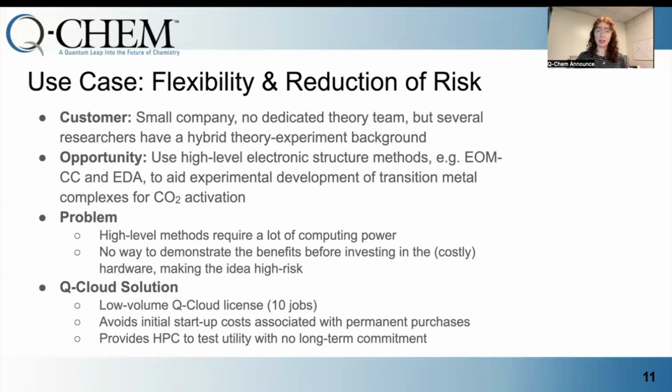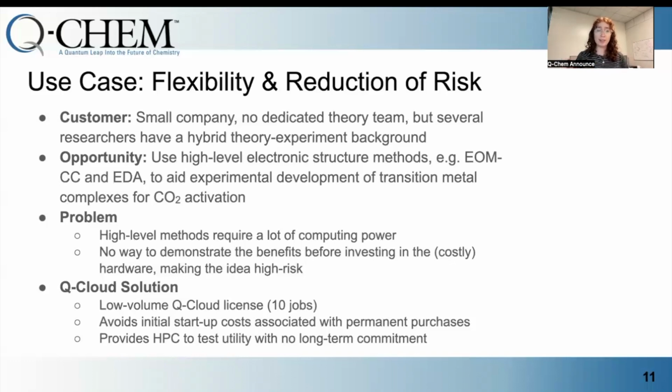Some high-level electronic structure methods could help with the development. For example, if they're studying transition metal complexes for CO2 activation, they could use EOM coupled cluster methods and energy decomposition analysis to better understand what's happening in those reactions.